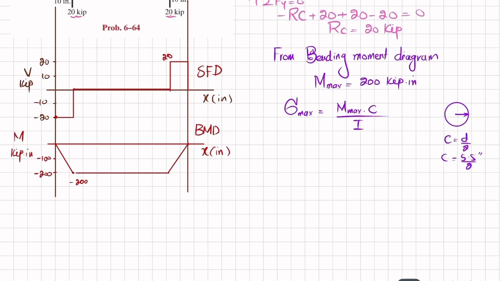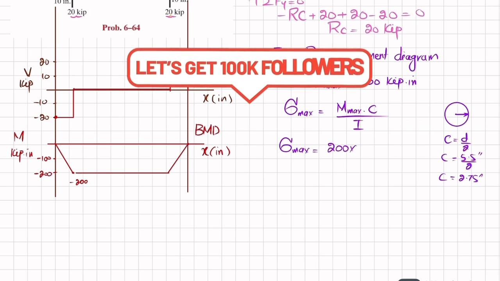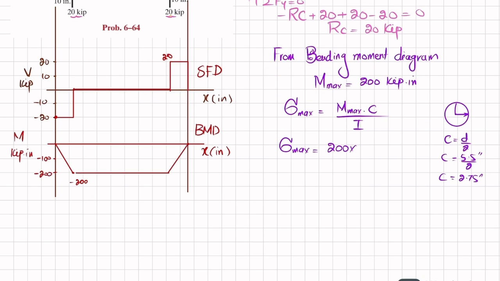That will give you 2.75 inch. Clear? So maximum bending stress is equal to maximum bending moment, which is 200. C is the distance from center till outermost, which is the radius.